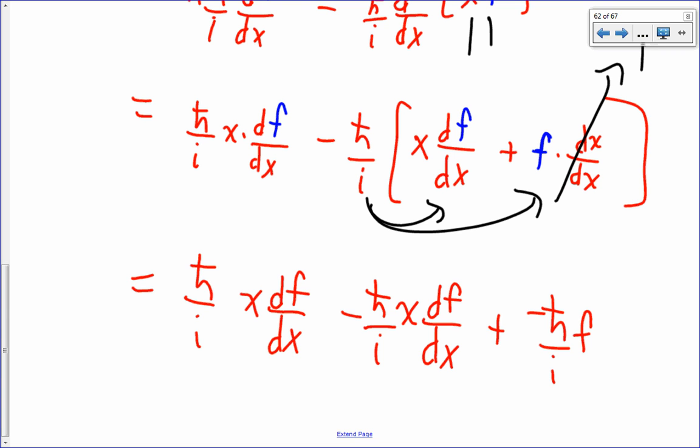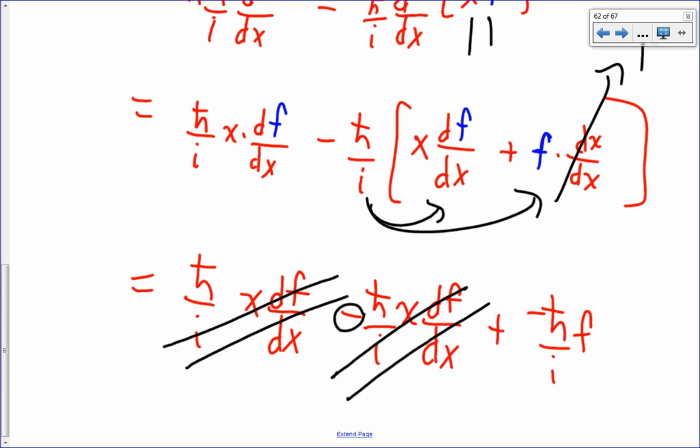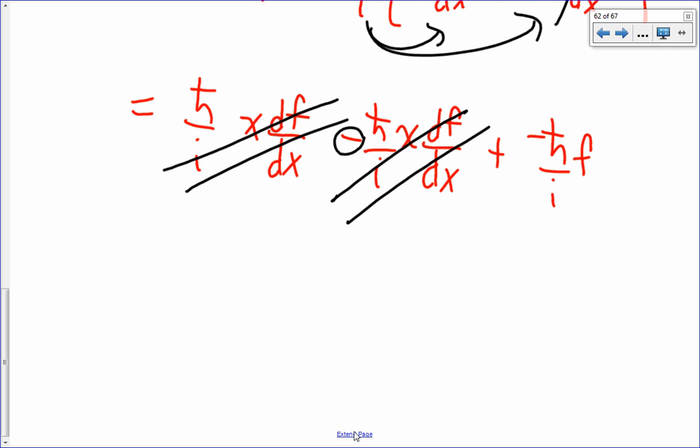Well, what do we see here? This and this are the same, but there's a minus sign. So what do we have left? Which is equal to negative h bar over i times f.